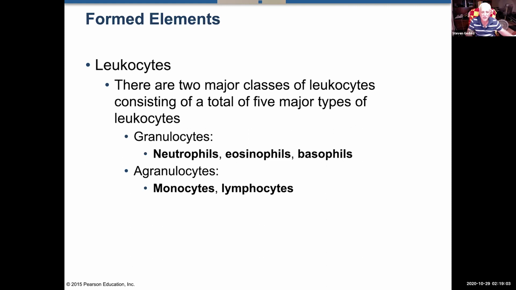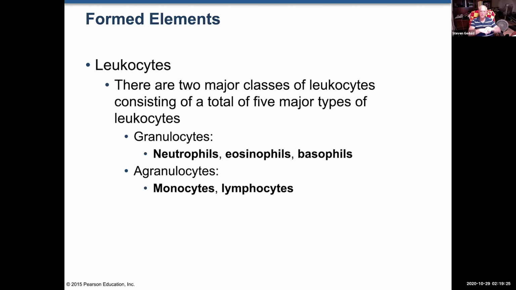There's two main classes of leukocytes. There's a total of 5 major types. The 2 divisions of those 5 types are granulocytes and agranulocytes. Granulocytes mean it has granules in there. If you look at it under a light microscope, there's all kinds of granules inside that cell. The agranulocytes mean it does not have granules in it.